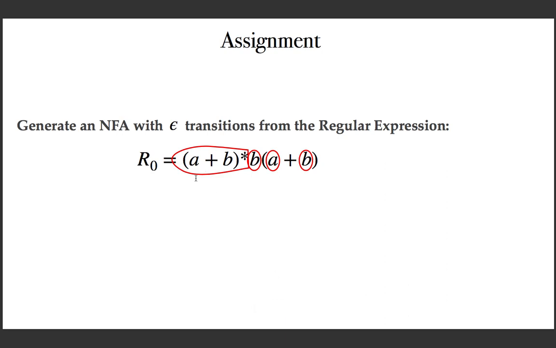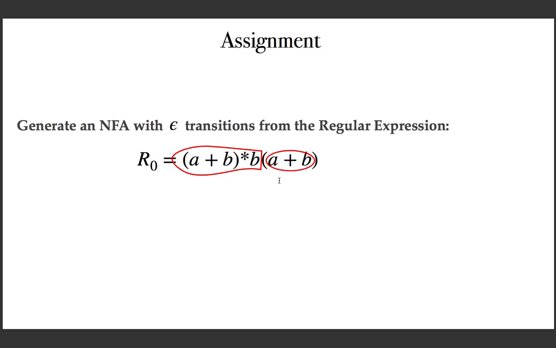Now, if you have the NFA for this part and this part, you know how to apply the rule for concatenation. That is, add an epsilon transition from the final state of this NFA to the start state of this NFA. So, you will get the NFA for this part. Now, using the rule for plus, you can combine the NFAs of these two to generate the NFA for this.